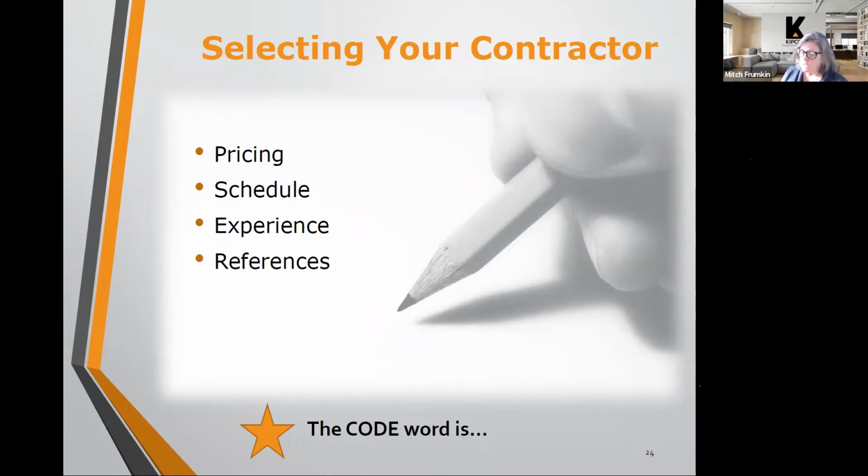If I know they have good subs for that particular type of work, they will be included in the bid list. So you have an opportunity to say, no, I don't want to work with that contractor, or here's somebody else that I've worked with in the past. Can you please include them on your bid list? And we're happy to do that.